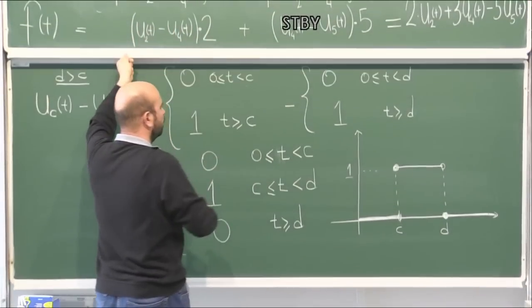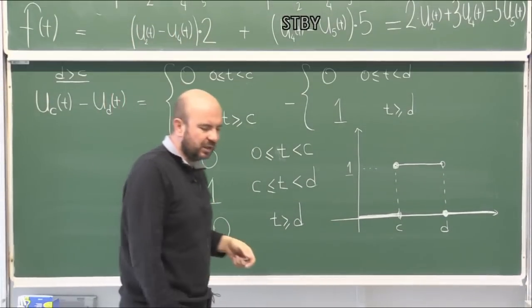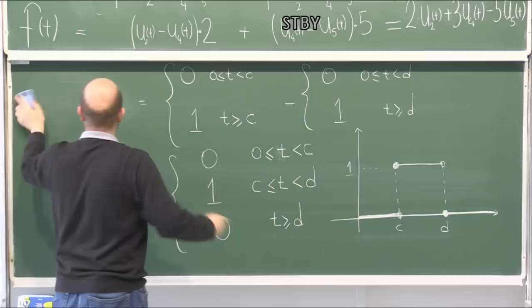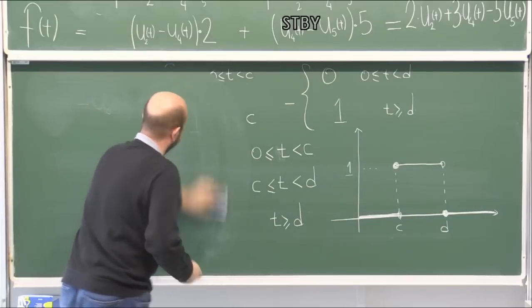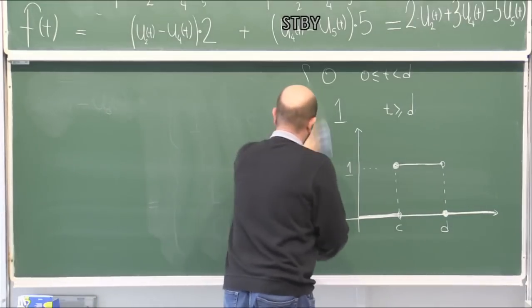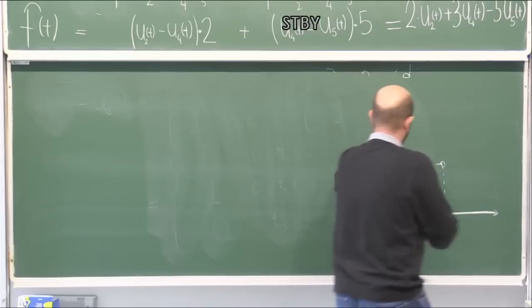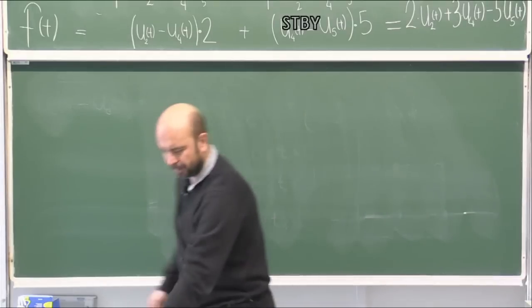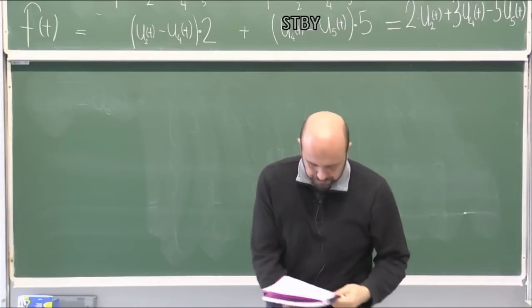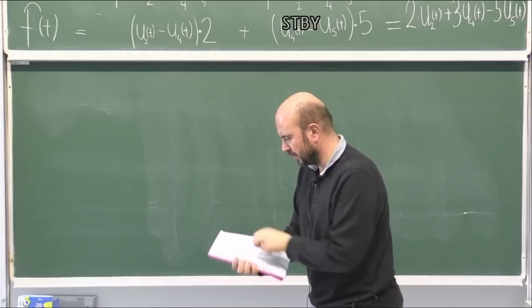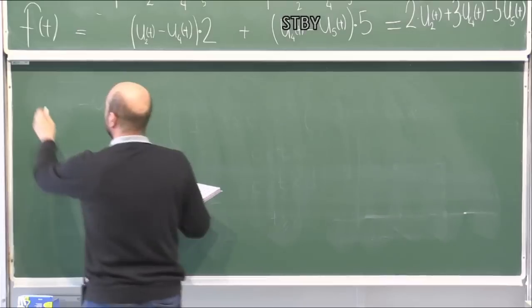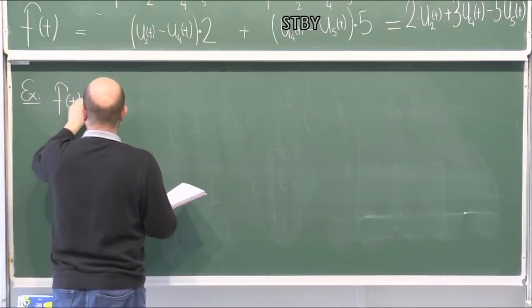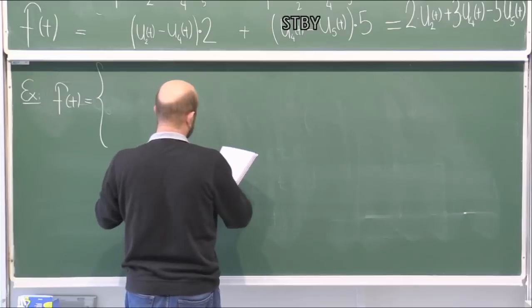Your signal doesn't have to be constant. It can be any signal actually. All right, so f of t is the following signal.